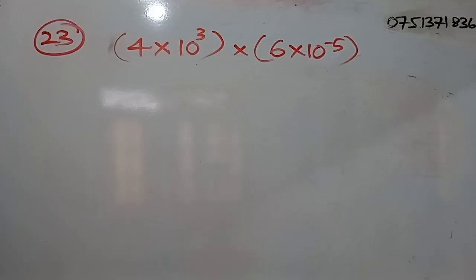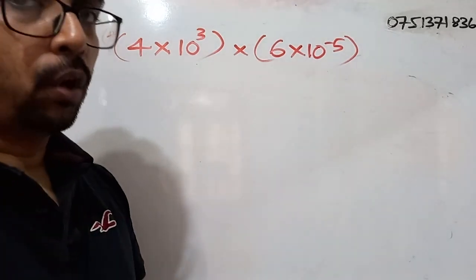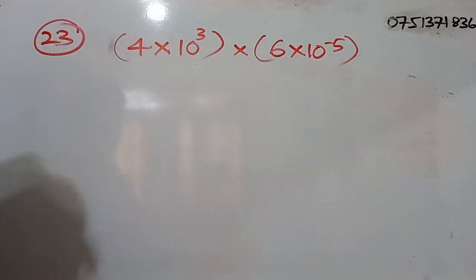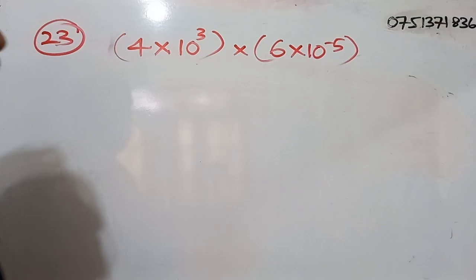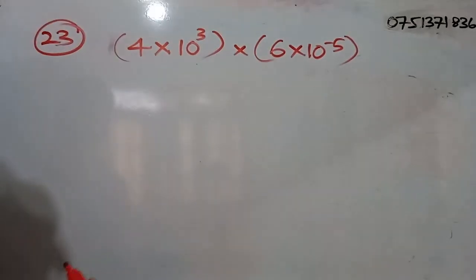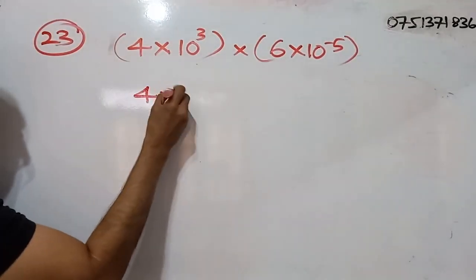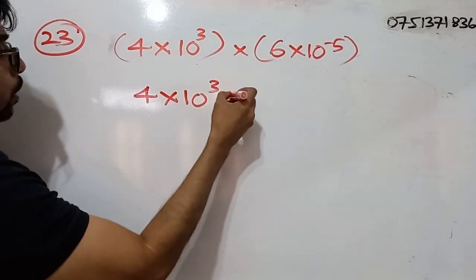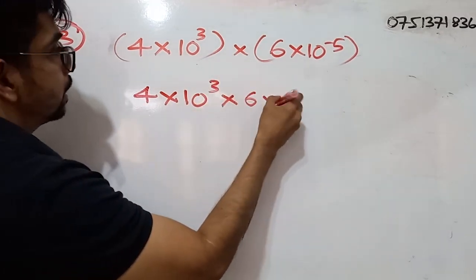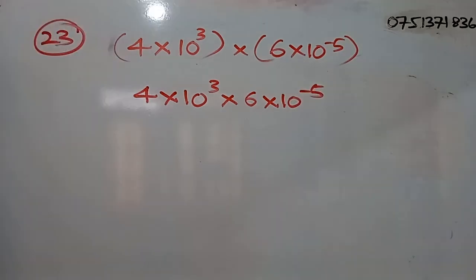Question number 23. So we have been given this expression to simplify. Not only to simplify, then we have to write down the answer in standard form. So first of all, we will simplify the brackets. So we will get the same values. 4 into 10 to the power 3 multiplied by 6 into 10 to the power negative 5. Right?